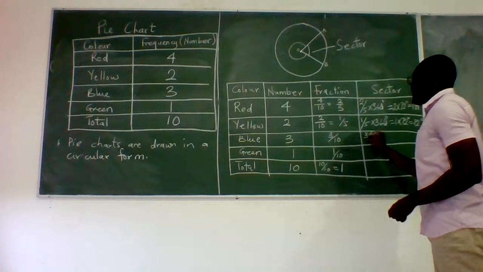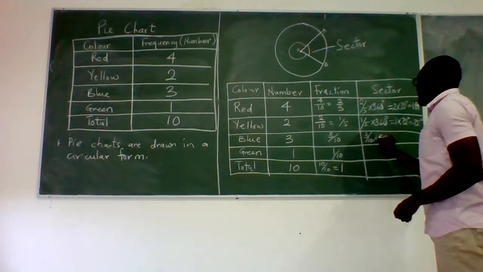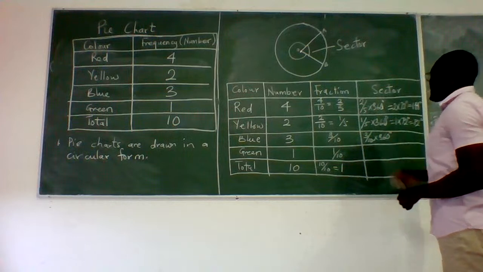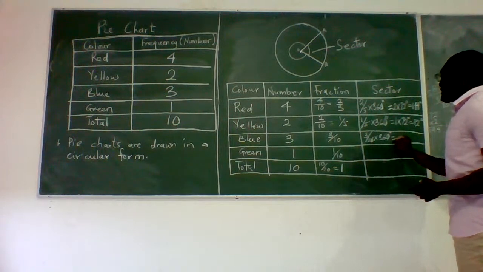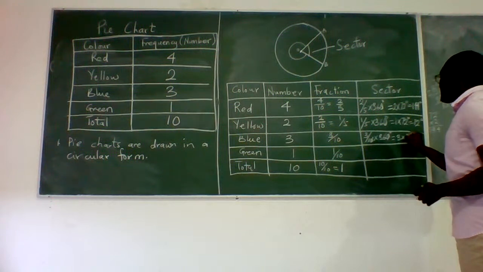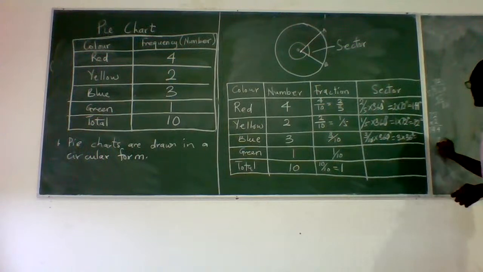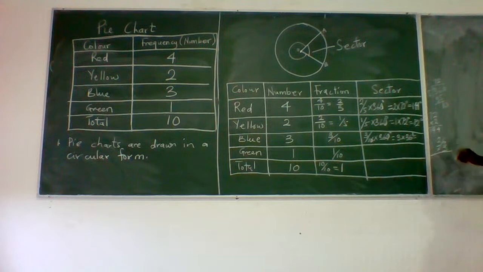That should be 3 over 10 times 360 degrees. Here we can cancel out these zeros. So we are left with 3 times 36 degrees. So we just calculate 36 times 3. 3 times 6 will give you 18. So you have 8, remainder 1. 3 times 3 is 9 plus 1 gives you 10.